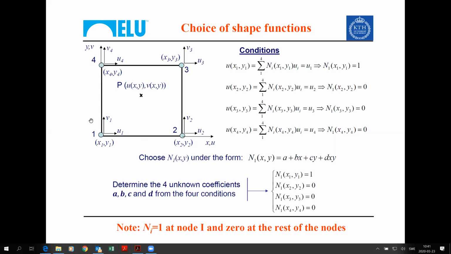So the only thing that we can do here is a plus bx plus cy plus dxy. That's the only alternative that we have at our disposal, because we just have 4 conditions here. Then 4 constants is all we can do.